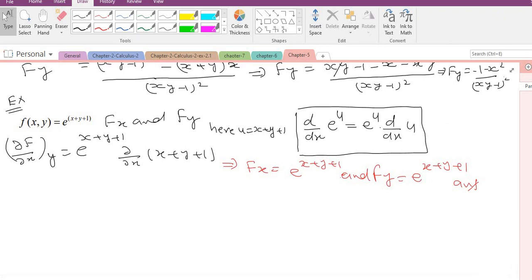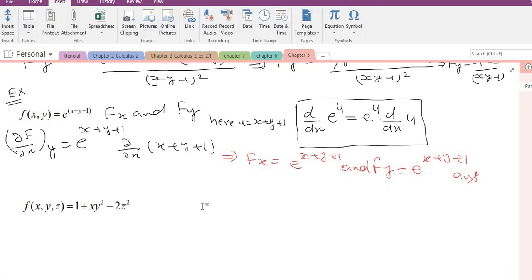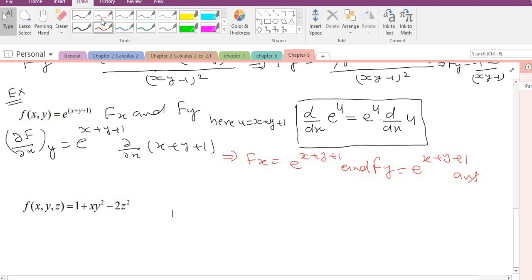Hopefully you people understand. Now I am going to tell you that if this type of function is given, then how we can write the answers of that one. In this example, x, y and z are 3 independent variables. This function is attached with 3 independent variables.